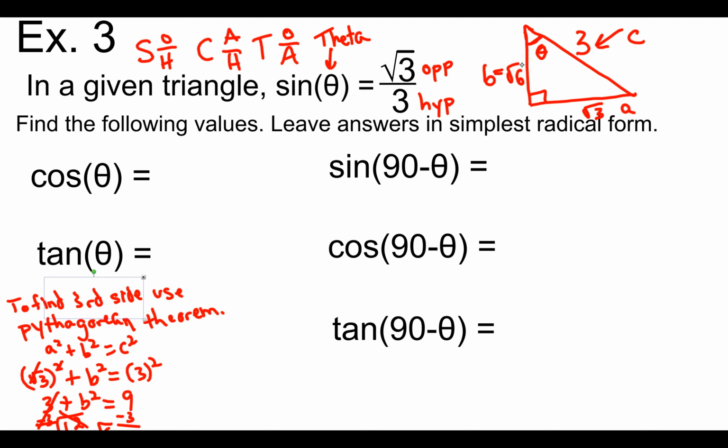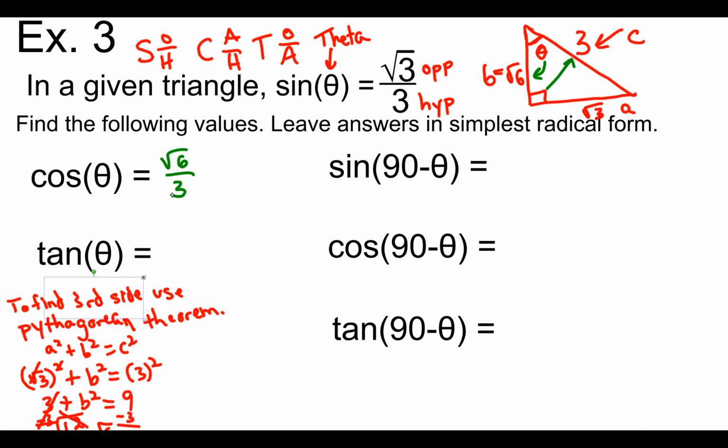All right, so let's take a look at the next part. Change colors here to make it a little easier to see. So cosine of theta. So we're finding angle theta. That's this angle here. That's theta. Cosine we said is adjacent over hypotenuse. So we got to go adjacent side over the hypotenuse. So we're going to say square root of 6 over 3.